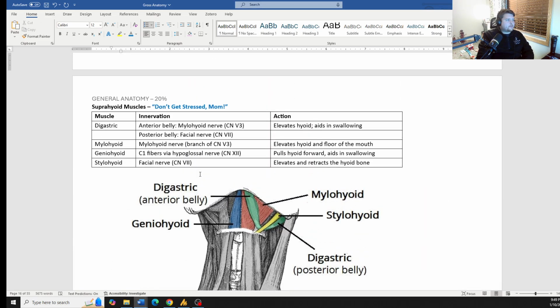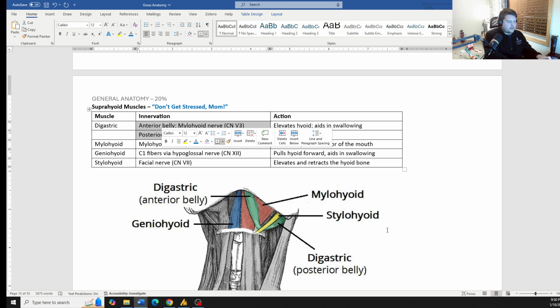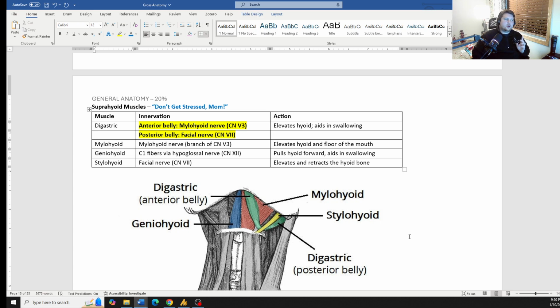Finish out this chunk. The suprahyoid muscles, we remember, don't get stressed, mom. We have the digastric muscles, the anterior and posterior bellies. Anytime you have a muscle that is innervated by two different nerves, immediately we want to remember that muscle, because that's a perfect muscle for asking questions on because they like to mess with you.